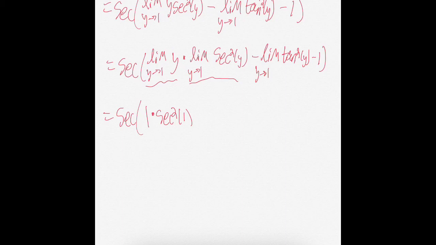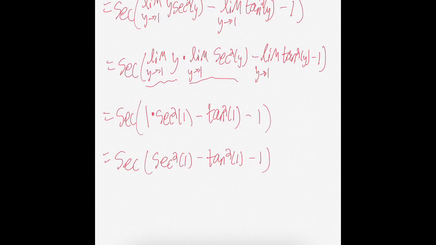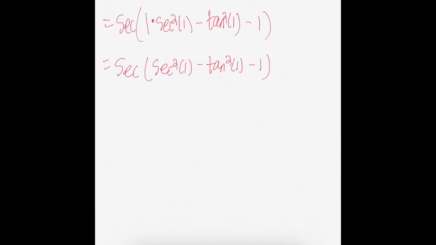Both of those we got just by plugging in y equals 1. They work out very nicely. Similarly, for the tangent one, I'm just going to get tangent squared of 1. And then I still have this minus 1 at the end. Okay, well, I can get rid of this first 1. So secant squared 1 minus tangent squared 1 minus 1.